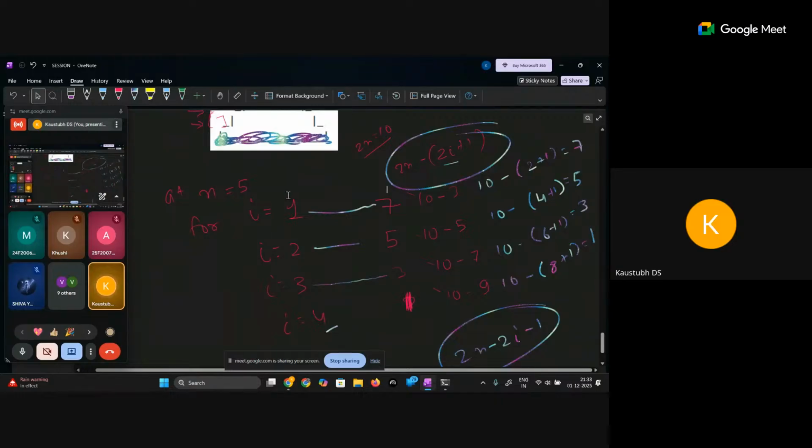So here we had i, which increases, and with an increasing i we have a decreasing value, right? That signals that when i increases, our answer decreases. So some multiple of i is probably being subtracted.